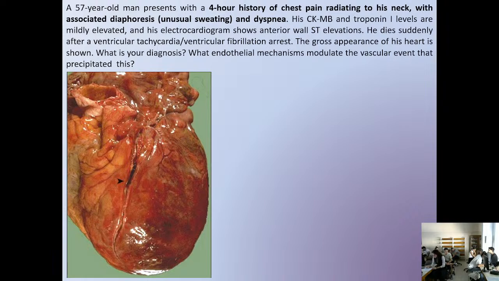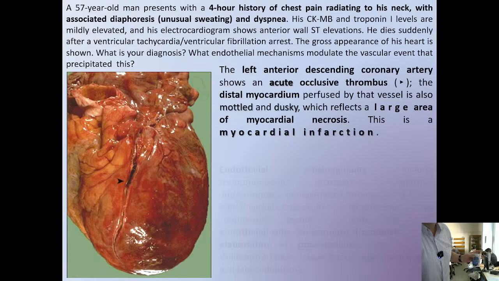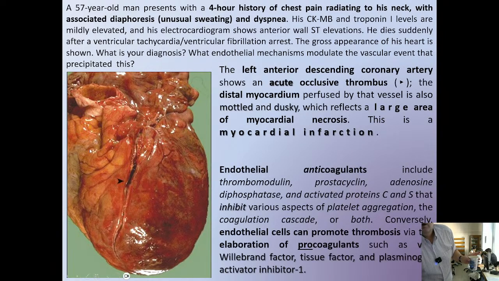And after some hours, you can see all this part of the ventricle, the left ventricle, with this macroscopic image to be not functional. And of course, as far as blood thrombi are concerned, there are some endothelial factors that either help the thrombus to form or impede the thrombus to form.